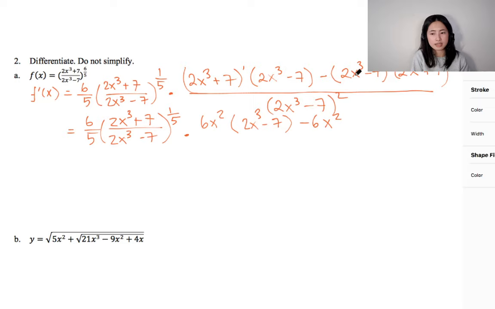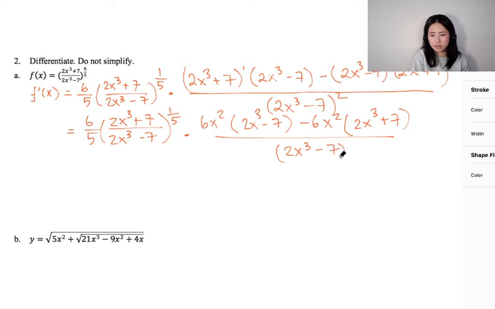The derivative of negative 7 is 0 because it's constant. Multiply to 2x cubed plus 7 over your denominator, right? 2x cubed minus 7 squared. And because we don't really need to simplify, which is amazing, that means we just say that this is our final answer.